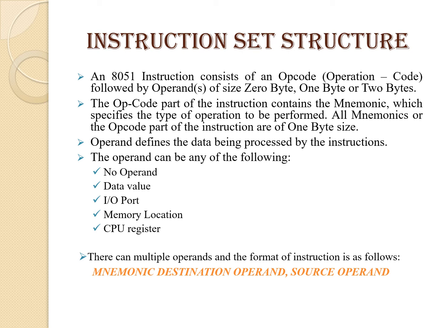Operand defines the data being processed by the instruction. The operand can be any of the following: no operand, a data value, an IO port, a memory location, or a CPU register. While studying the features of the microcontroller, we have already seen the different ports, memory locations, the CPU registers, special function registers, and general purpose registers.